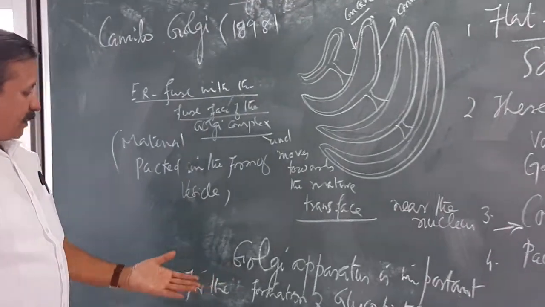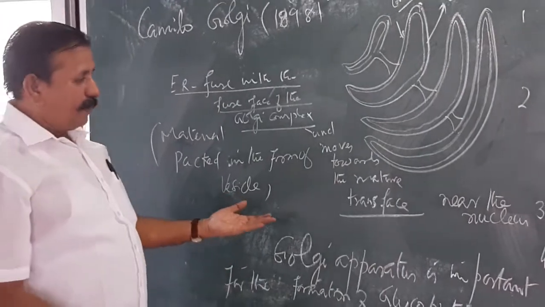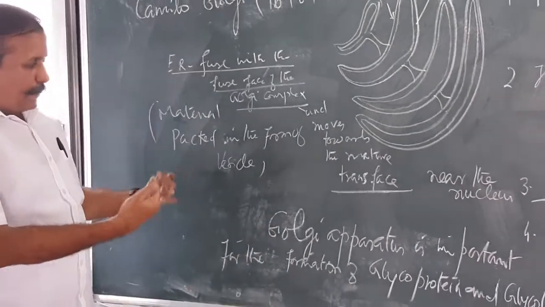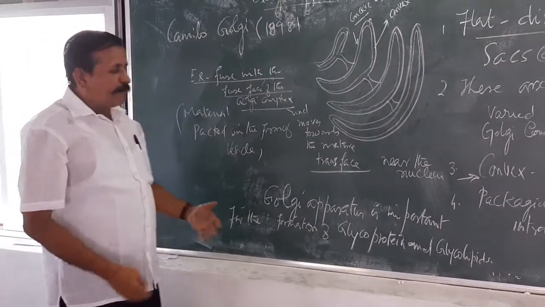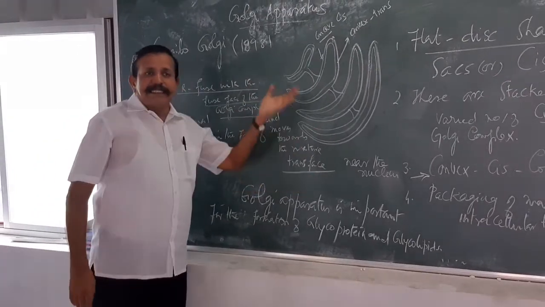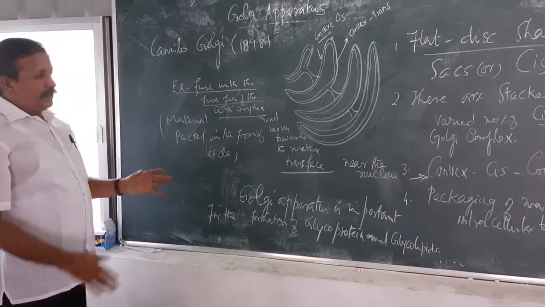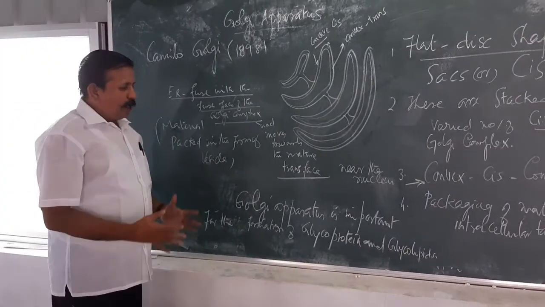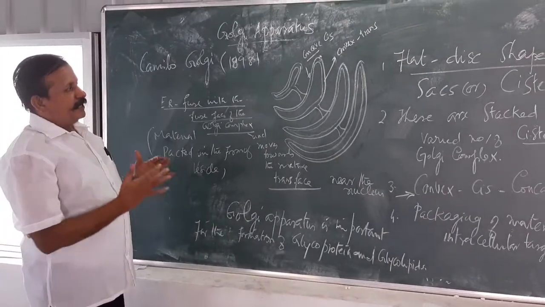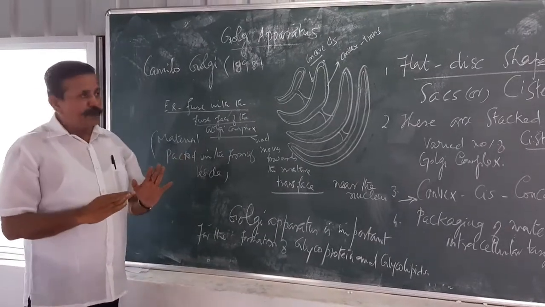Another important function of the Golgi apparatus is the formation of glycoprotein and glycolipid. So these are also very important. All the students, please listen. The Golgi apparatus is very important. It is very closely associated with the endoplasmic reticulum.